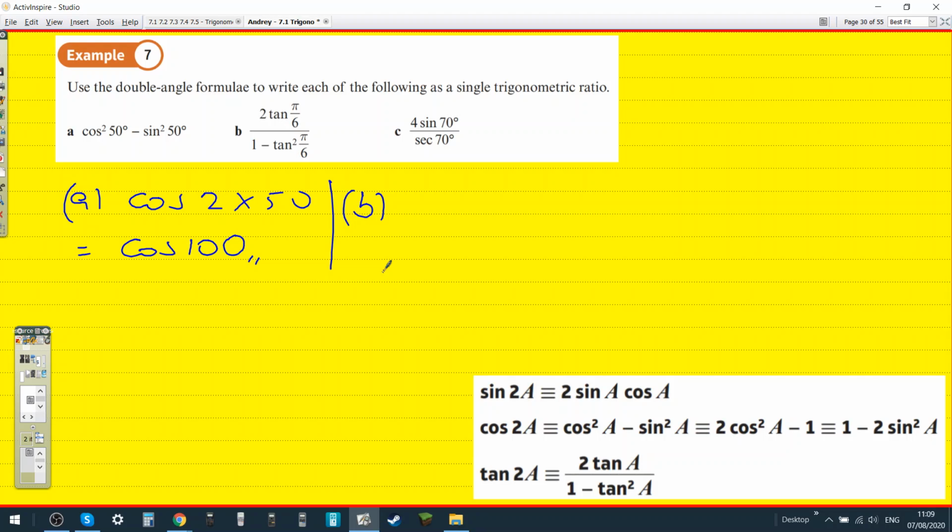So I'm guessing it'll be 2 pi over 6 tan. Will that just be tan 2 pi over 6? Yeah. Simplify. And so that will be a third pi.